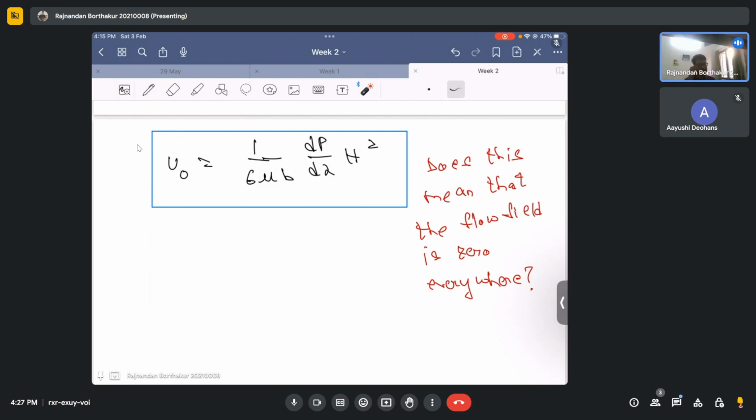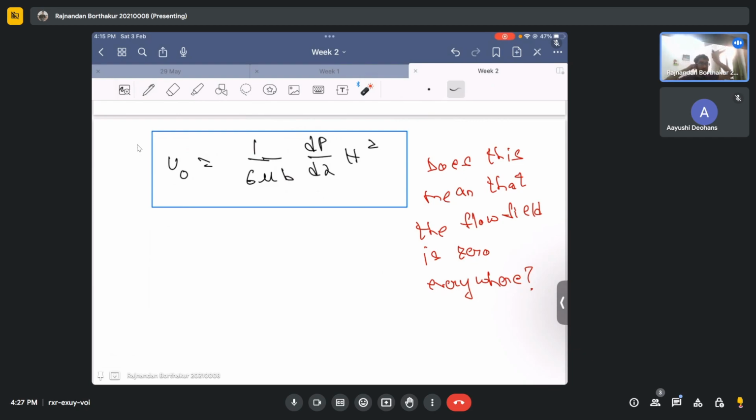So think about this. This is actually a very interesting point. Maybe this should not mean that u of y should be 0 everywhere. This just means that the average velocity can be equal to 0, because the volume flow rate is calculated from the average velocity.